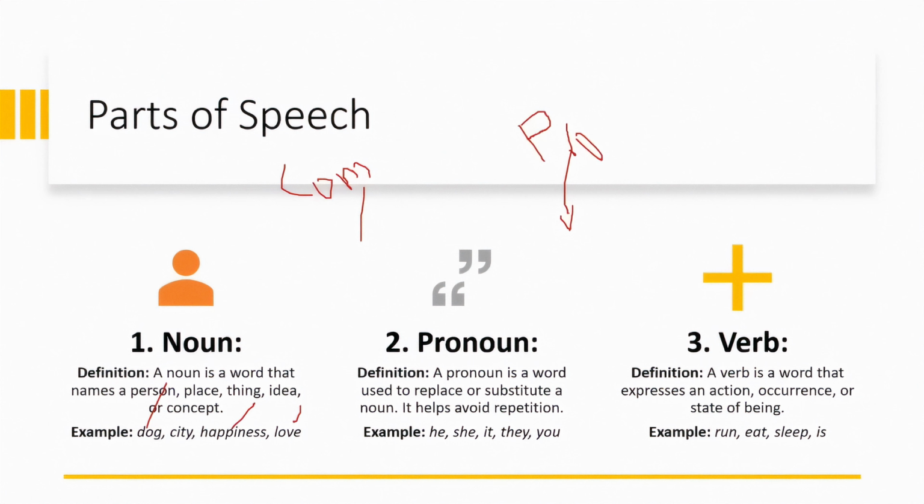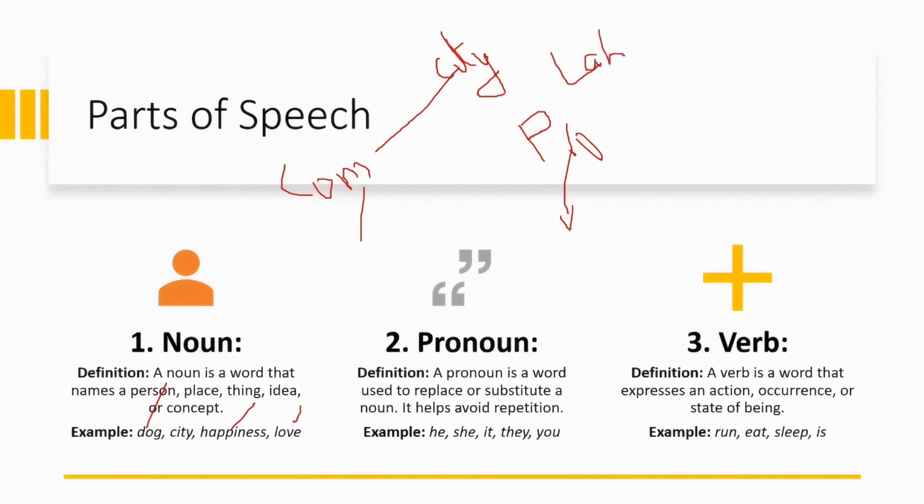Let's have an example. If anybody talks about a city, you're not sure which city. Similarly, if anybody says Islamabad or Lahore, you get a specific image in mind. So city is a common noun, whereas Lahore or Islamabad is a proper noun.